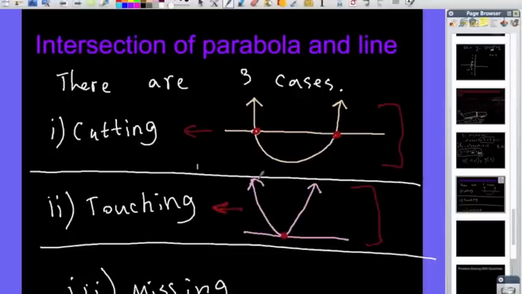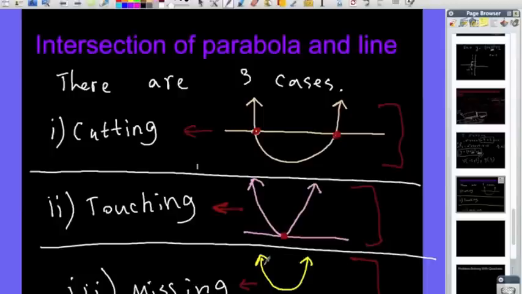So basically the parabola is just touching the x-axis. But if the graph is like this, then in this case we see that there are no points touching the x-axis, right? Or any axis. So basically this is called missing. That's pretty much it.